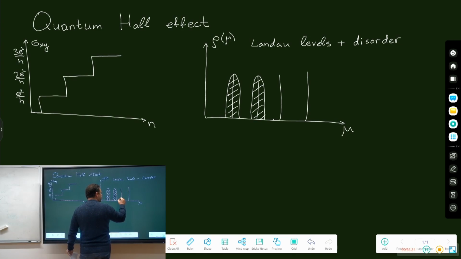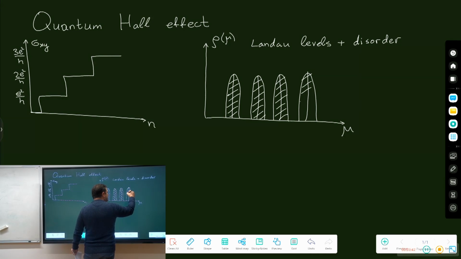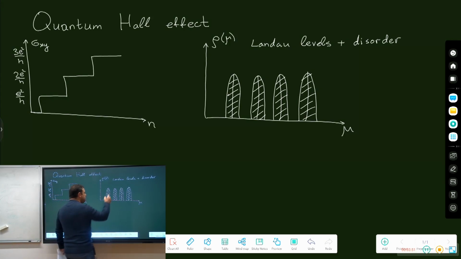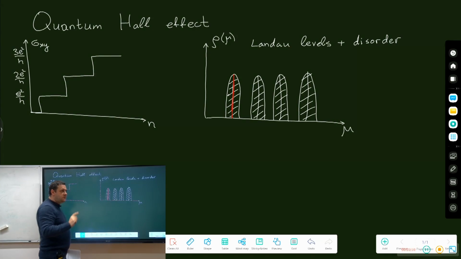And another effect of disorder is that all these states are actually localized and they do not contribute to conductivity, except for a single state in the middle of the Landau level, at the energy in the middle. There is one specific state that is not localized.